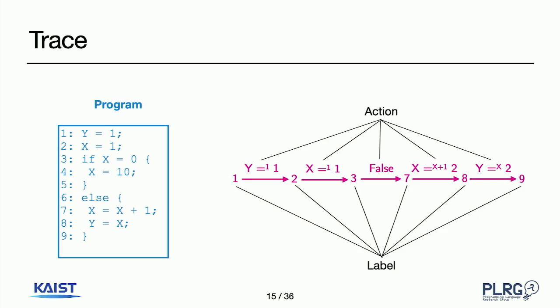So, for example, when the program executes an assignment statement, the action records an assignment action, which consists of the assigned variable, the expression in the assignment, and the evaluation of the expression on that execution. Similarly, when the program executes a branch or loop condition, it records the evaluation of the condition.